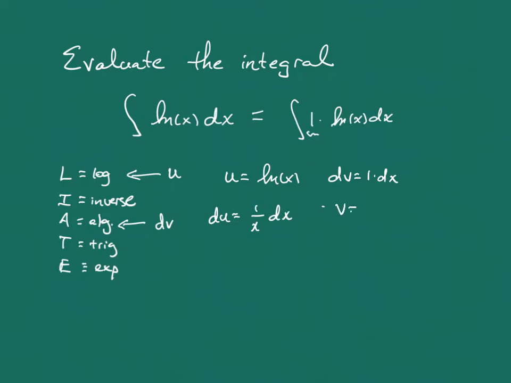And then for v, we get the antiderivative of 1, which is just plain old x. So this is kind of our setup, and now we've got our integration by parts formula.